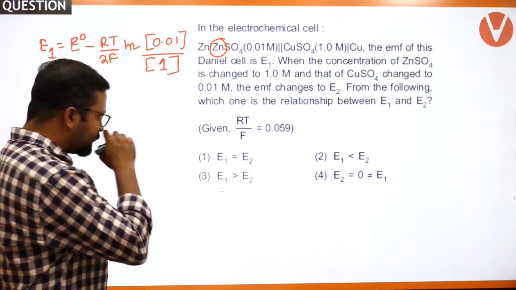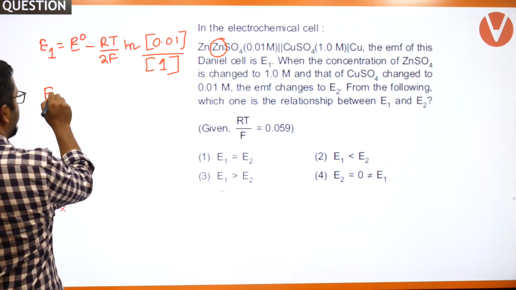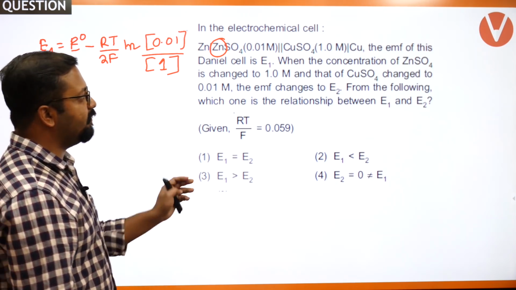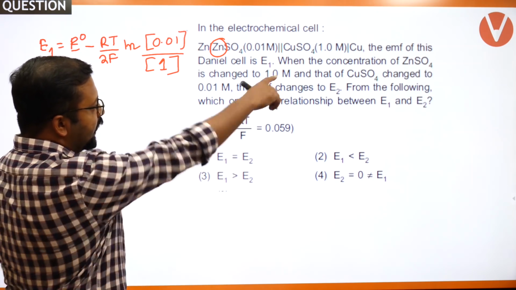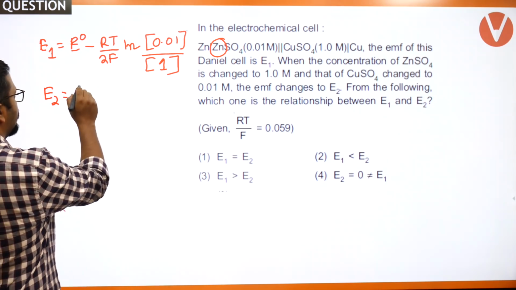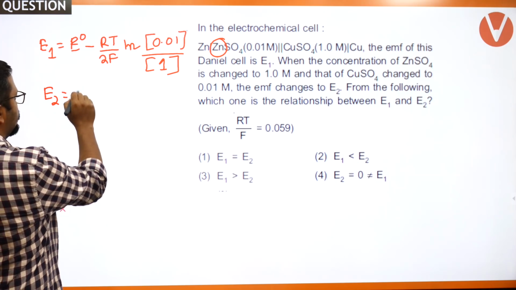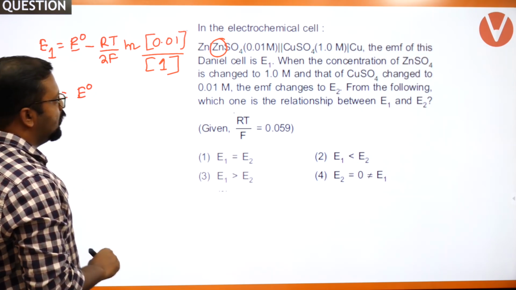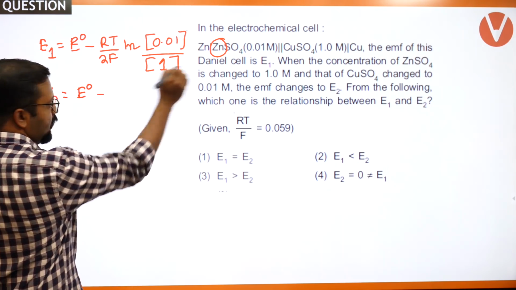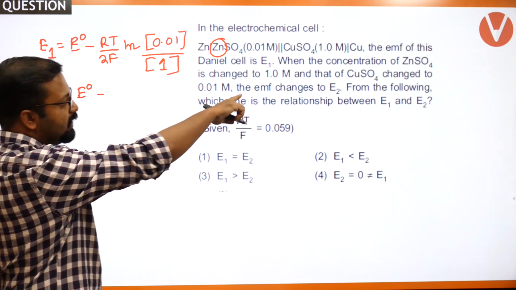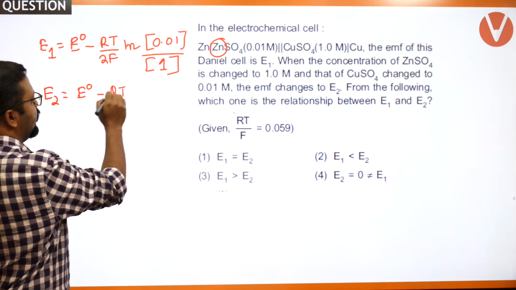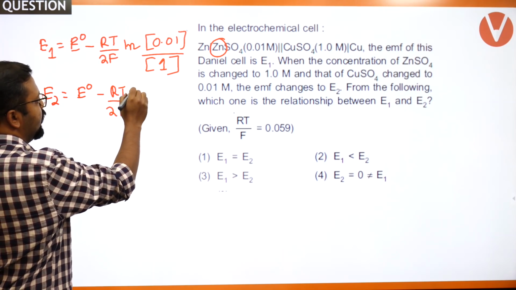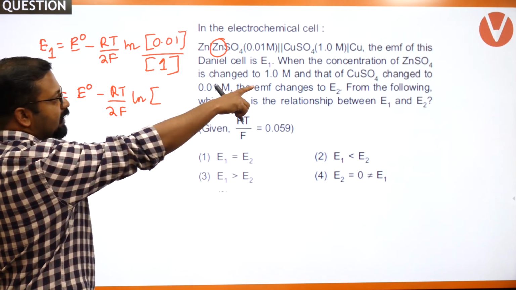Next, if I take E2, now for E2 what I have done is the concentration of zinc sulfate has been increased to 1 and copper sulfate has been decreased to 0.01. So RT by 2F ln, what will be zinc's?